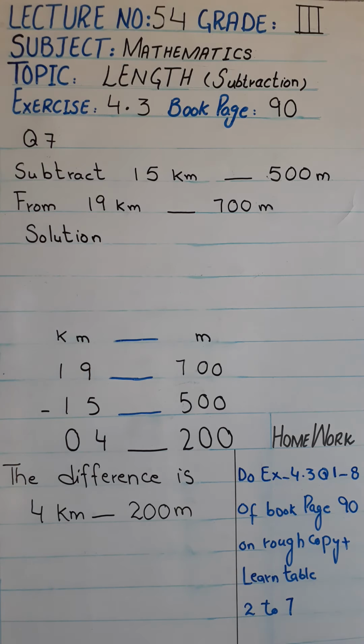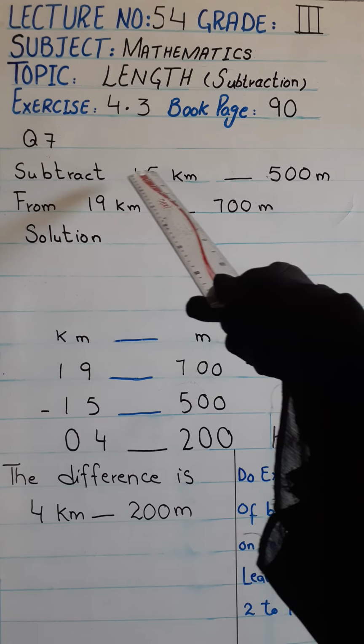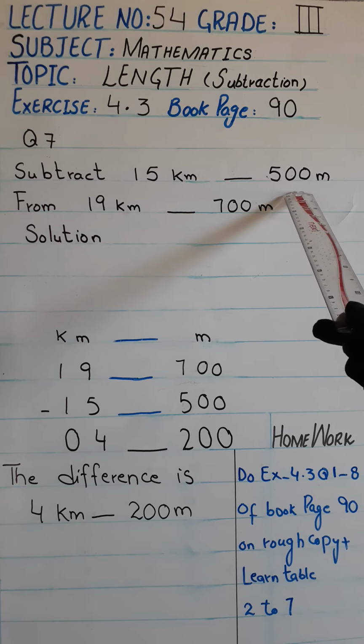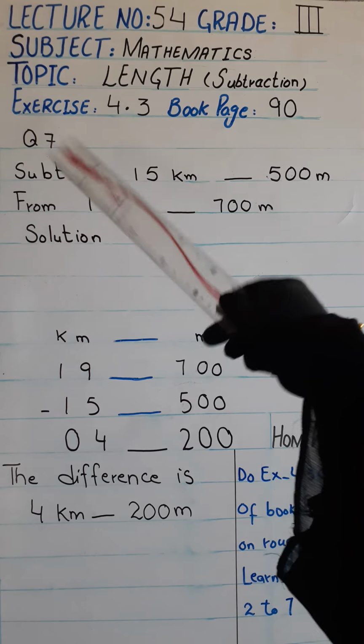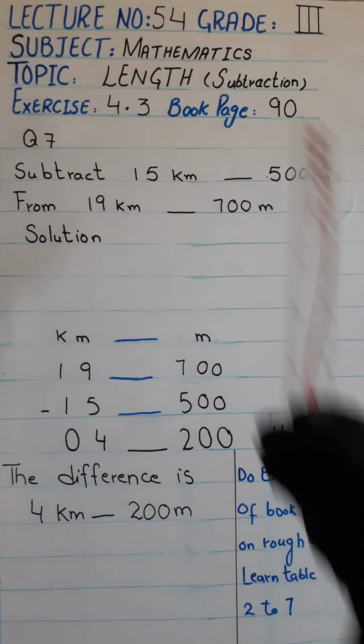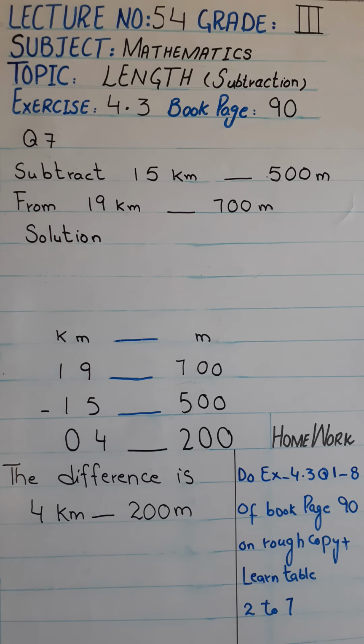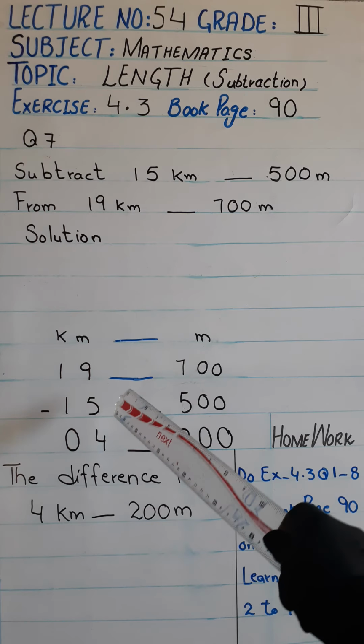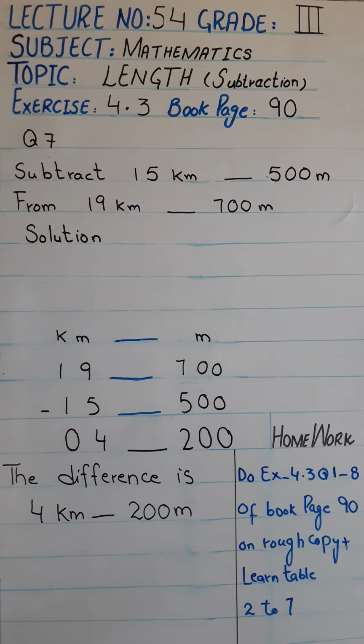Okay? Correct? Again, look at the board. When the question is given in vertical or horizontal order, how can you solve it? First, read out the question: subtract 15 kilometer, 500 meter from 19 kilometer, 700 meter. This is question number 7. Now give the heading of kilometer and meter, the units given in the question. Arrange the question like this.